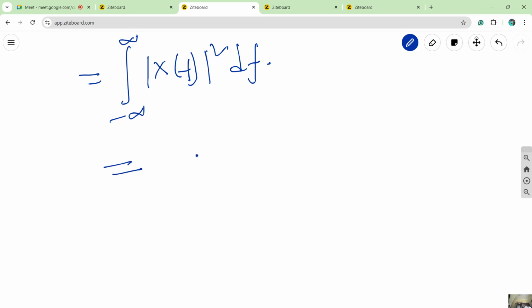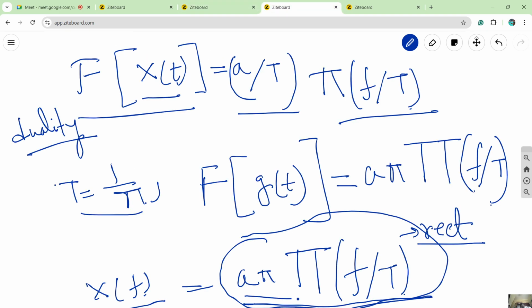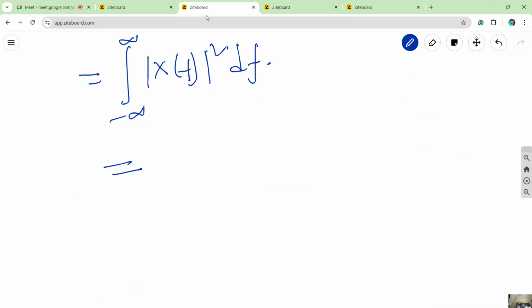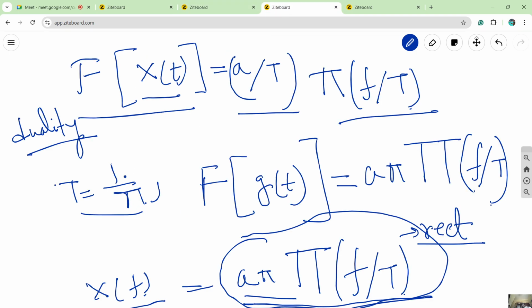And this is equal to this function. So we can write from 1 by 2 pi to minus 1 by 2 pi, because the period T is equal to 1 by pi. So T by 2 will be 1 by 2 pi.